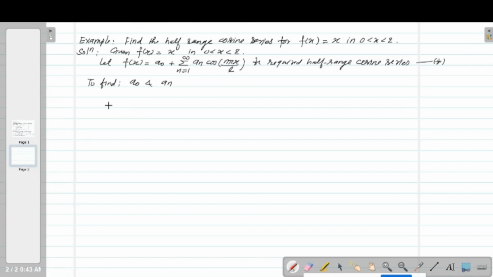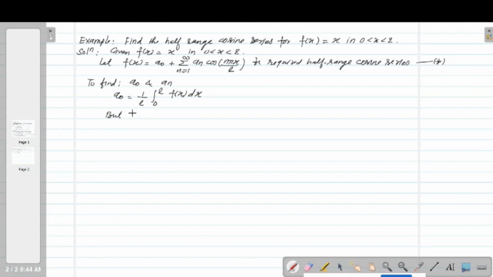we will have the formula for a naught. And what is the formula for a naught? That is 1 by L integration of limit 0 to L f of x dx.